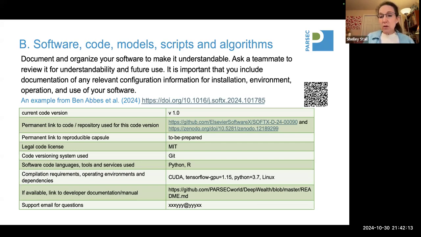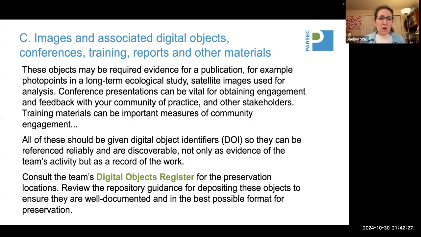So this is an example of what it would look like to document minimally your software. Additional documentation, you could have documentation within your software describing how it's used. All right, let's keep moving. So there's other types of digital objects, images and video, also conferences, training, reports, and other materials.